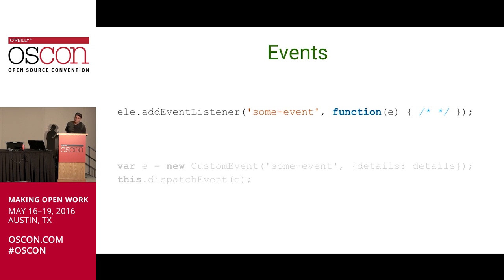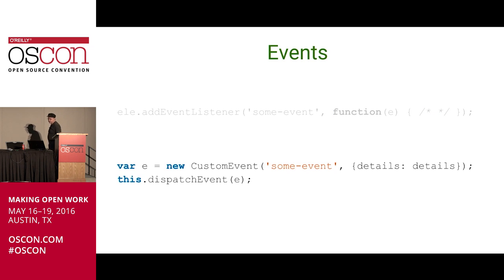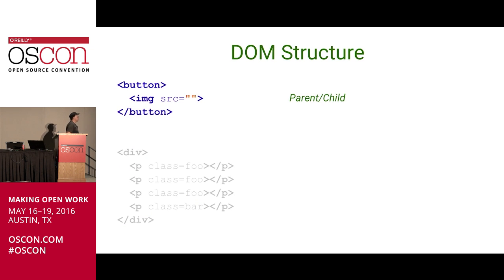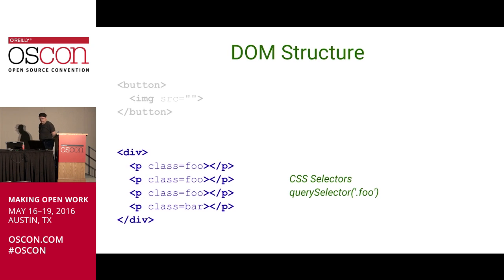I can listen for events coming out of DOM elements, and I can actually create custom events coming out of the elements I create. DOM structure: I can use the parent-child relationship between elements, and I can use all the other things that are built into the browser, CSS selectors, right? I could do query selector .foo, and I'm going to get the first 3 paragraphs out of there, and not the last one. There's a lot of power built into these primitives in the browser.